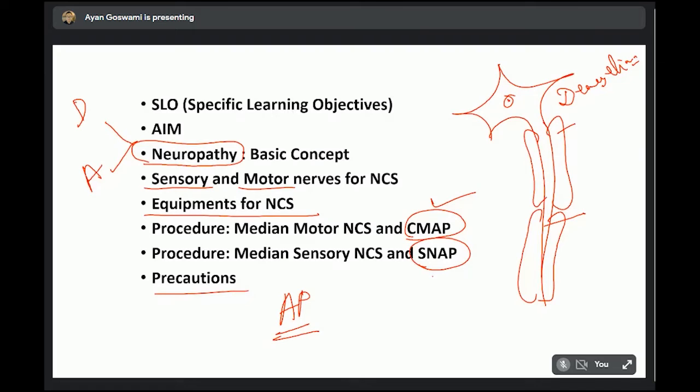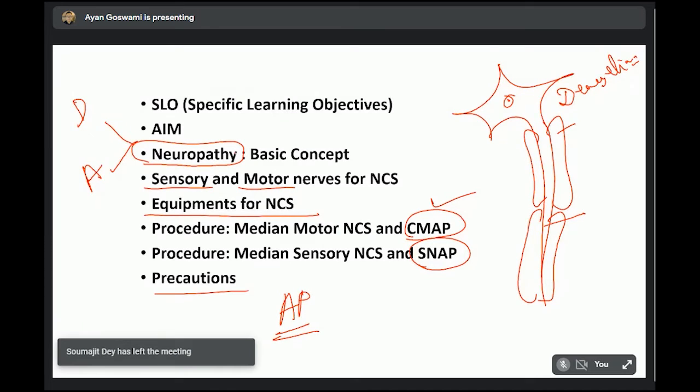But a clinician or a physician is more concerned with a different classification of neuropathy. He or she might call it large fiber neuropathy or small fiber neuropathy, maybe sensory neuropathy and motor neuropathy, right? So there are lots of ways we can classify neuropathy.